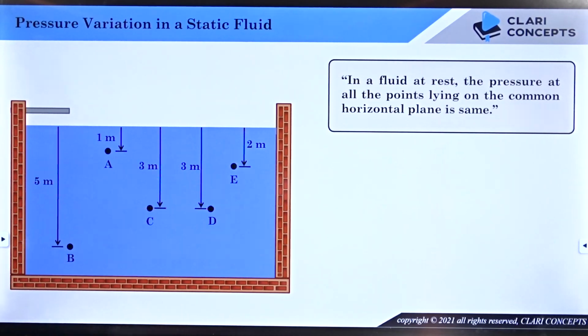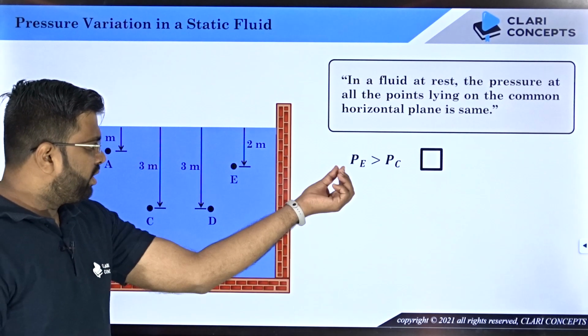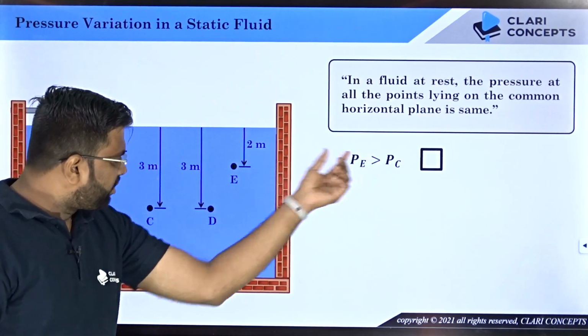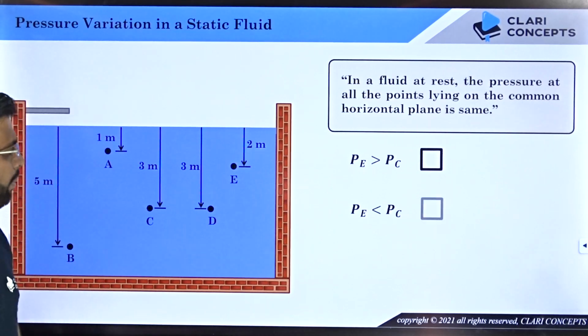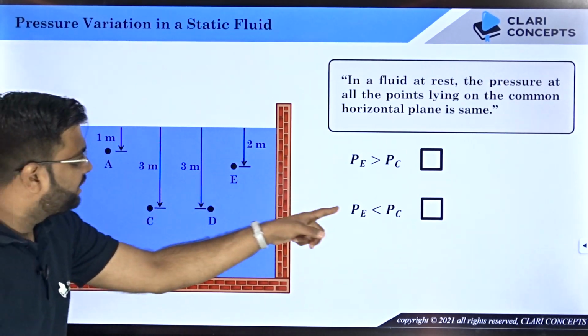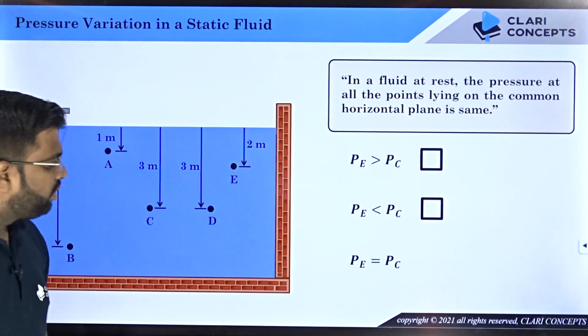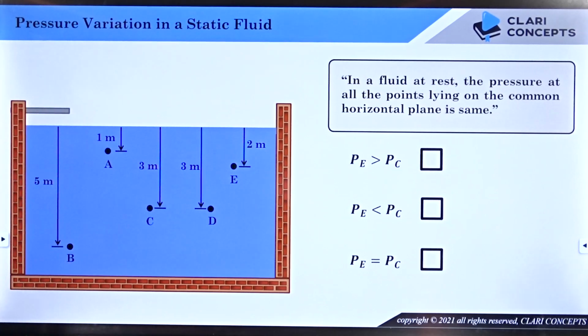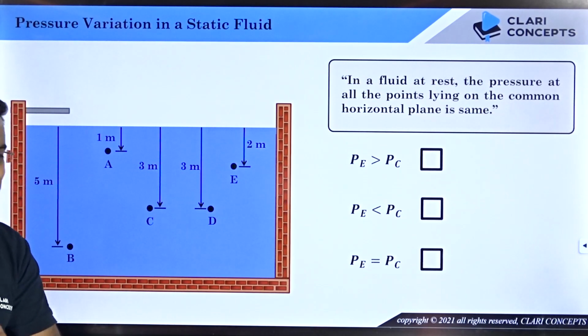Yes? Okay, let me ask you about the pressure at C and E. You have three options. Number one, whether the pressure at E is greater than the pressure at point C. Number two, whether the pressure at point E is less than the pressure at point C. And number three, whether they are equal. What is your answer? I think you must know the answer, right?